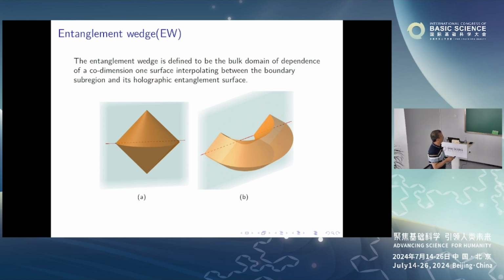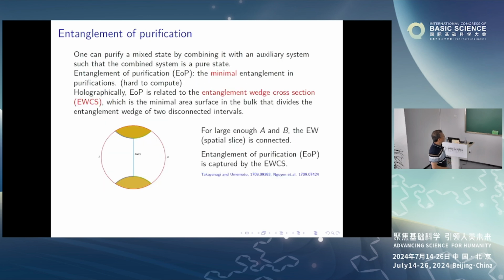You see that in the bulk it's a four-dimensional surface, and we try to find its domain of dependence. Entanglement purification means that we start from a mixed state and try to purify it. There are various ways to purify it.